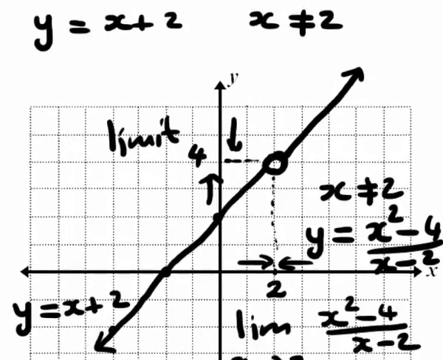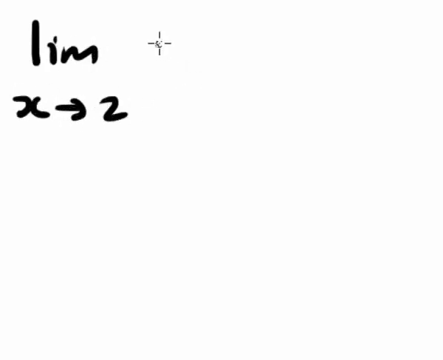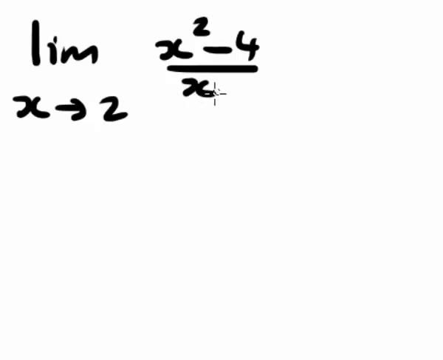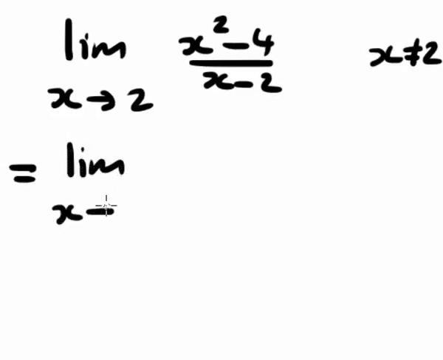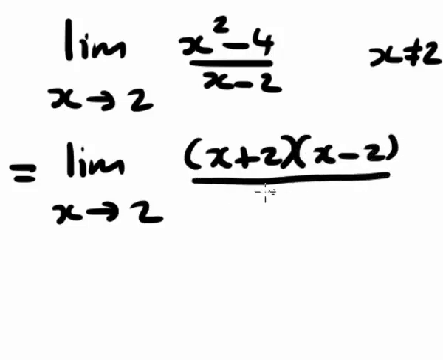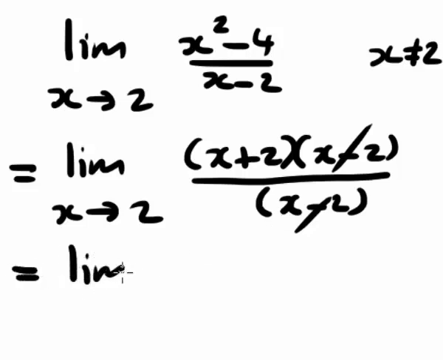So what is the moral of this story with these limits? Whenever you have the limit as x approaches 2 of x squared minus 4 over x minus 2, you try and substitute, and you see that x is not allowed to equal 2, because then this expression is undefined. The way we get that y value approached is by factorizing, and then we simplify the expression, get rid of the denominators, and we have the limit as x approaches 2 of x plus 2.